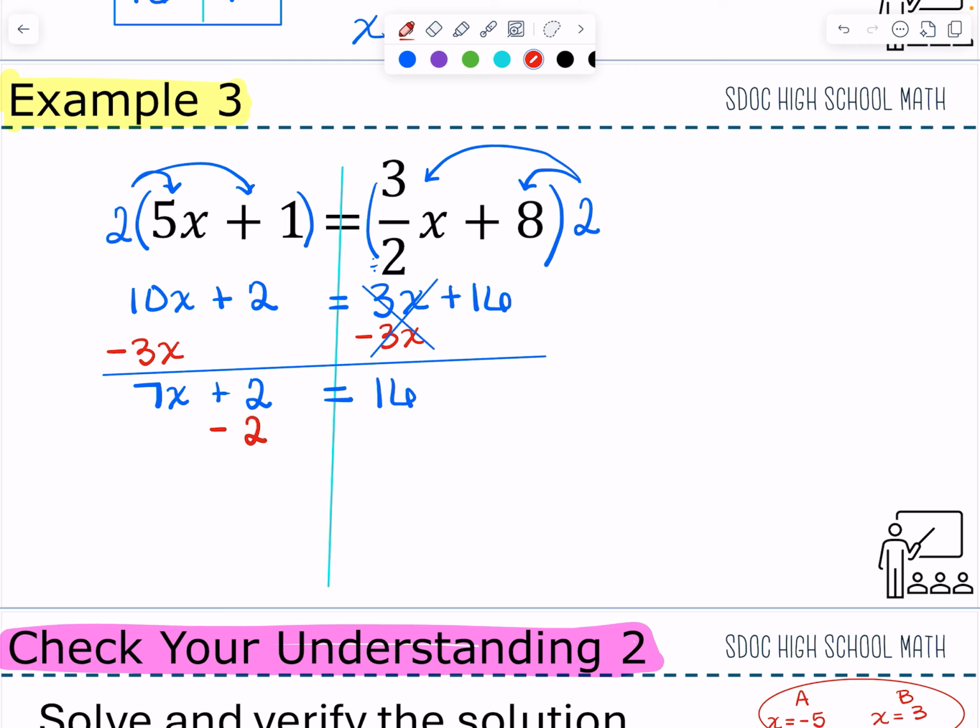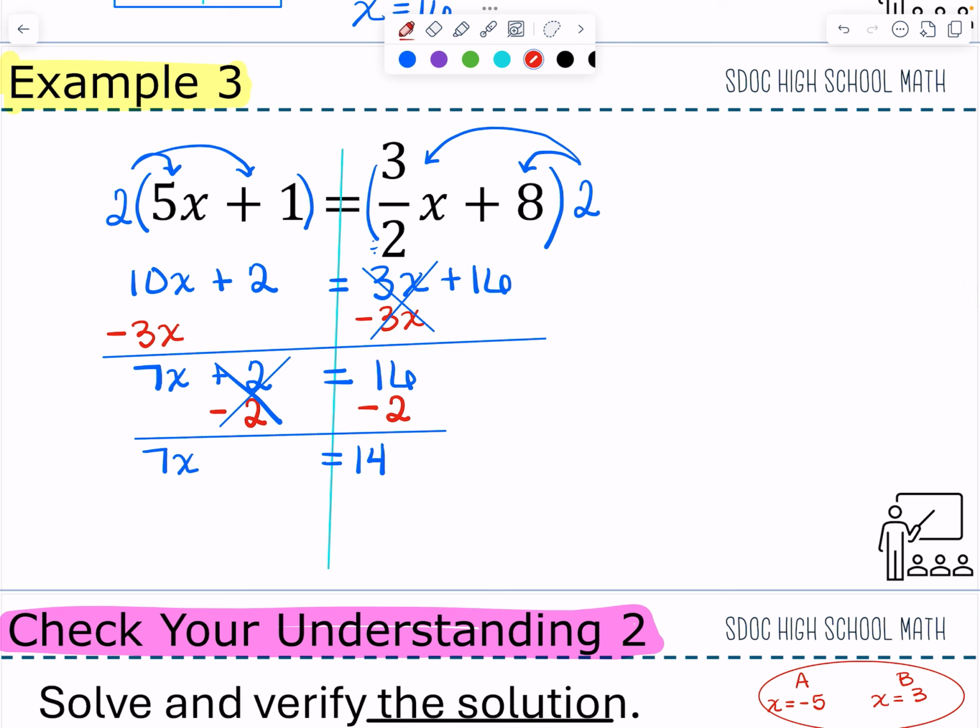Inverse operation, I subtract 2. Whatever I do to one side of the equation, I have to do to the other. Okay? Now I have 7x. 2 minus 2 makes 0 equals 14. Now 7 times x, the inverse operation is dividing by 7. And I get x equals 2.